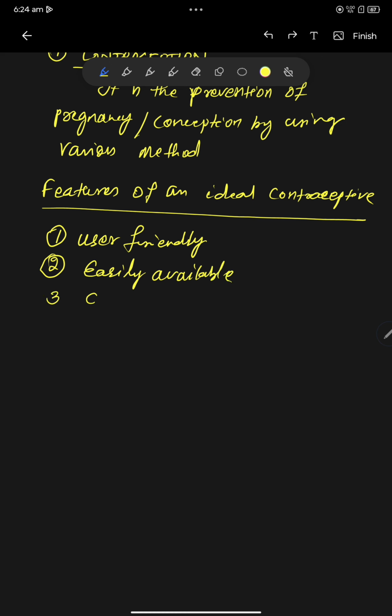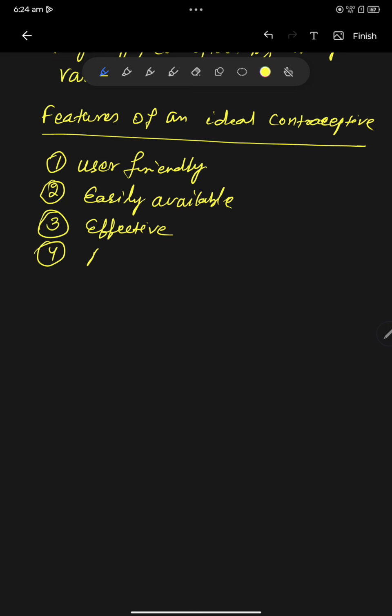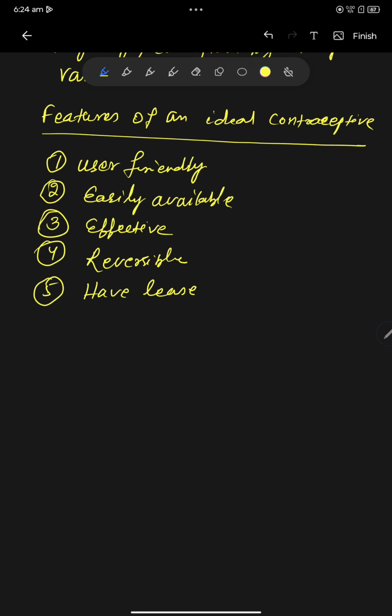It should be effective. Fourth feature is it should be reversible. Fifth feature is they have very little or no side effects.